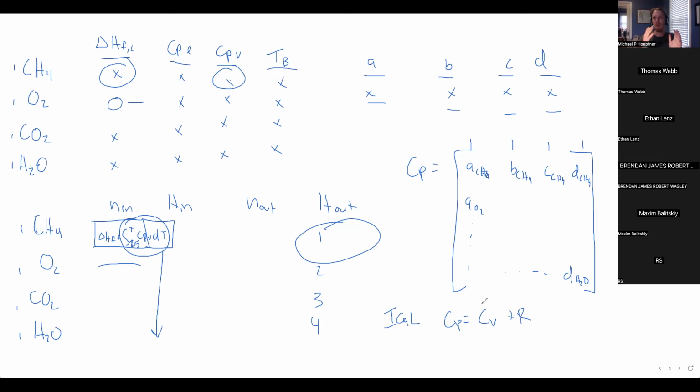And as it turns out, and I can send you all the links you want if you're curious, if you substitute in the ideal gas law, it does become only a function of temperature. It's not a function of pressure. But if you put in any other equation of state, like the Peng-Robinson, the virial, or the van der Waals equation of state, the enthalpy and the internal energy of a fluid are not independent of pressure.